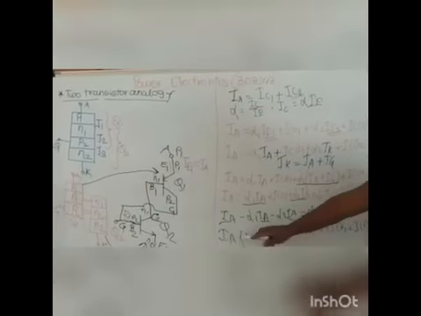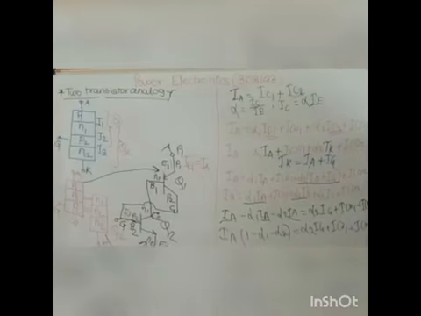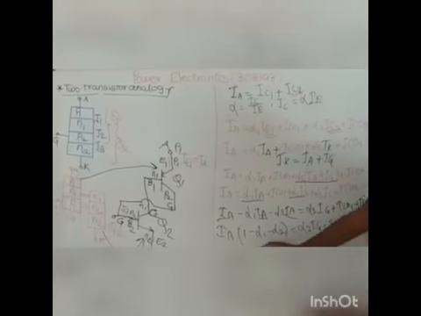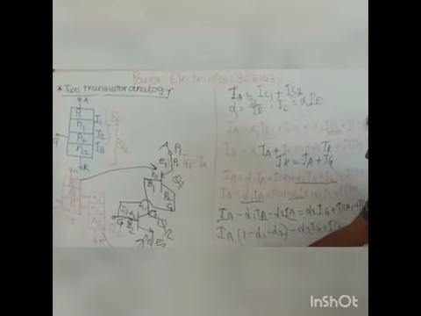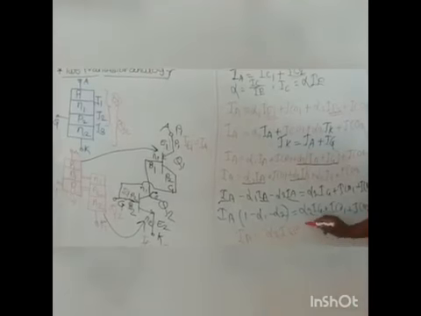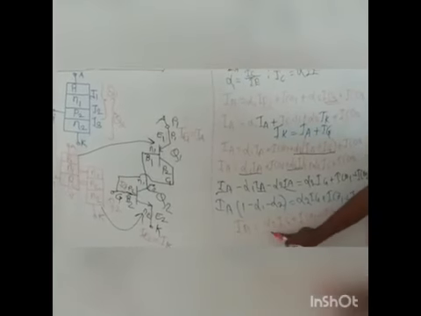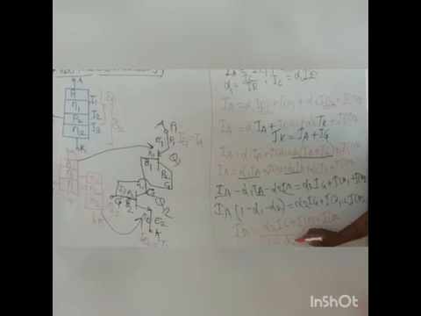Now keep here IA, and the remaining term goes to the denominator. You will get the final equation for IA is equal to alpha 2 IG plus ICO1 plus ICO2 upon 1 minus alpha 1 minus alpha 2.